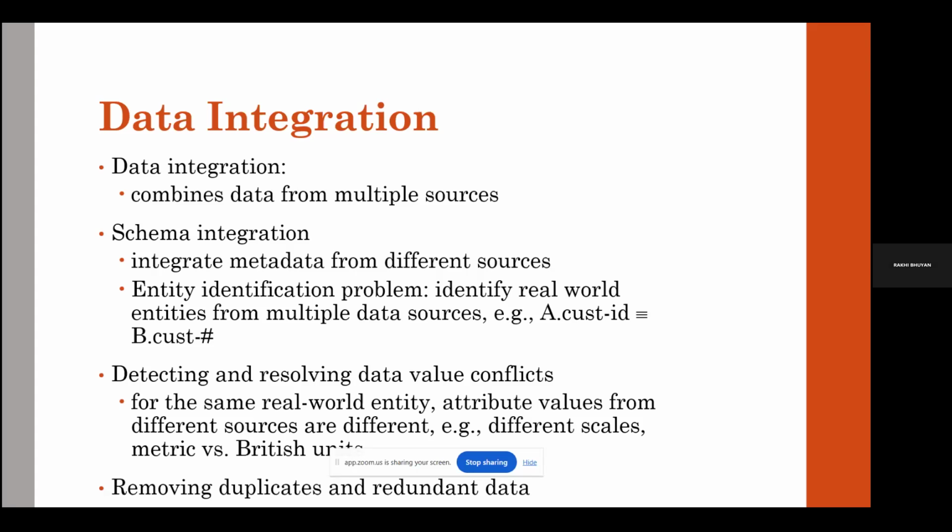And unit inconsistency, where in some cases there are different scales: in one table it is in centimeters, in another it is in inches, so it may create problems. And the next one is duplicate or conflicting records.